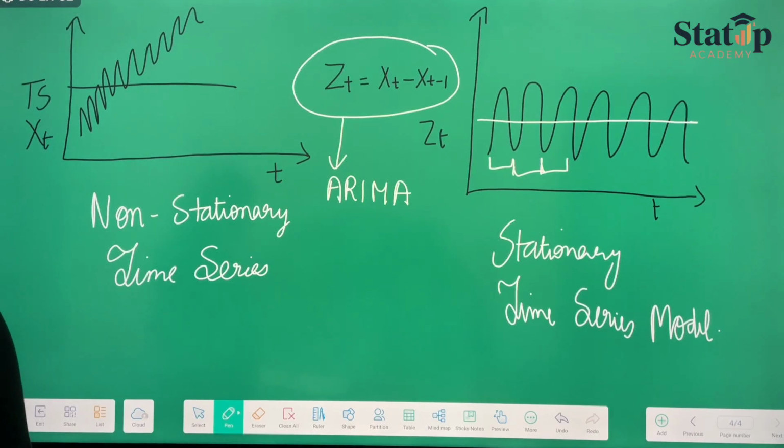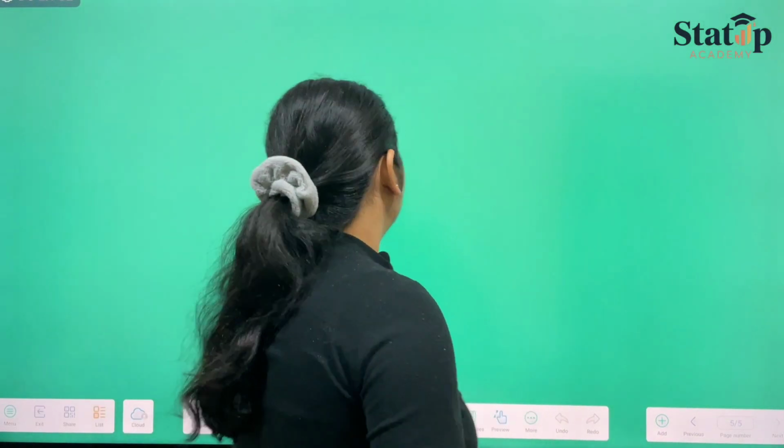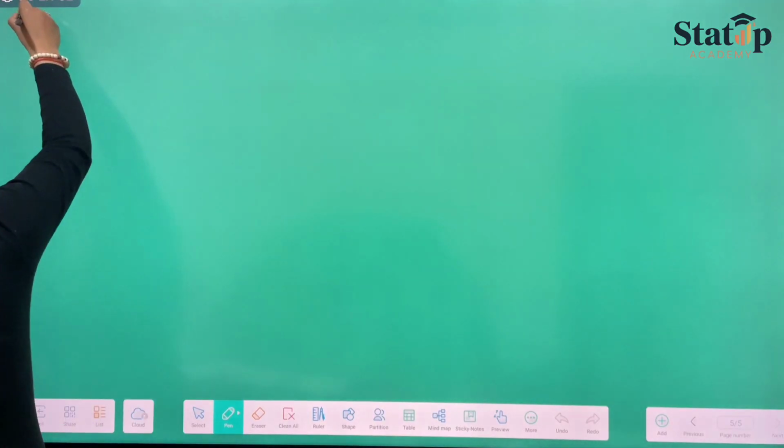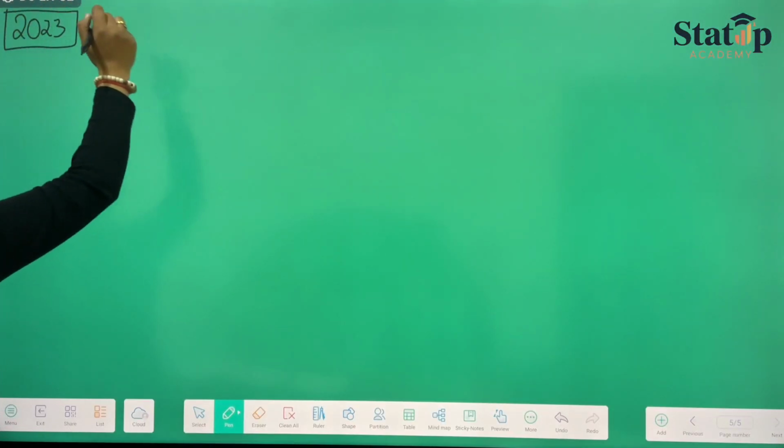Now, let us take an example. Let us take a question of 2023 in which we have been given a model.